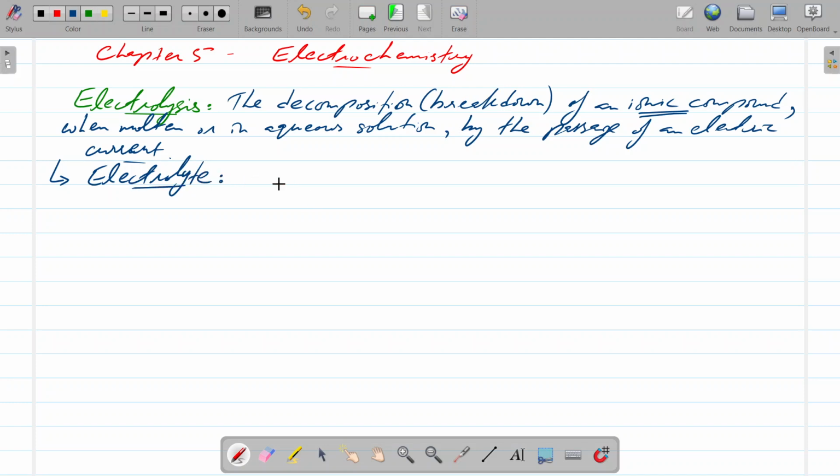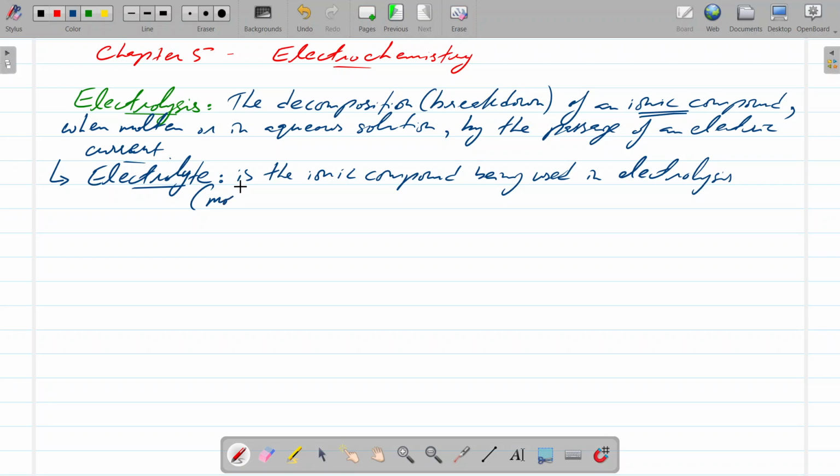So an electrolyte is the ionic compound being used in electrolysis, again either in its molten state or as an aqueous solution. And the electric current is passed through the electrolyte using electrodes.